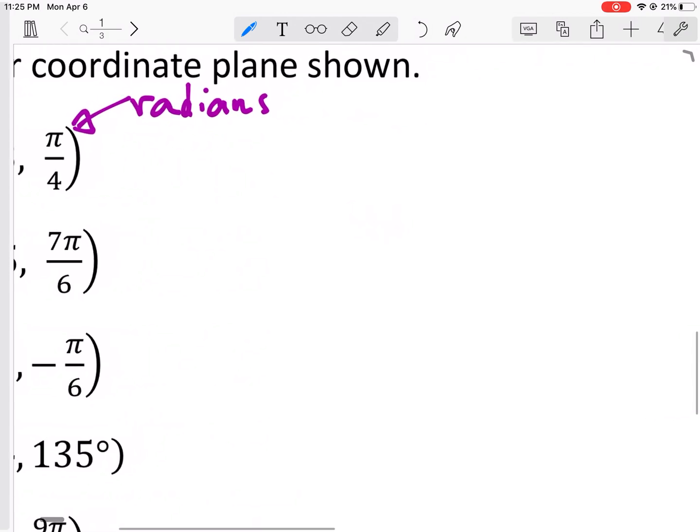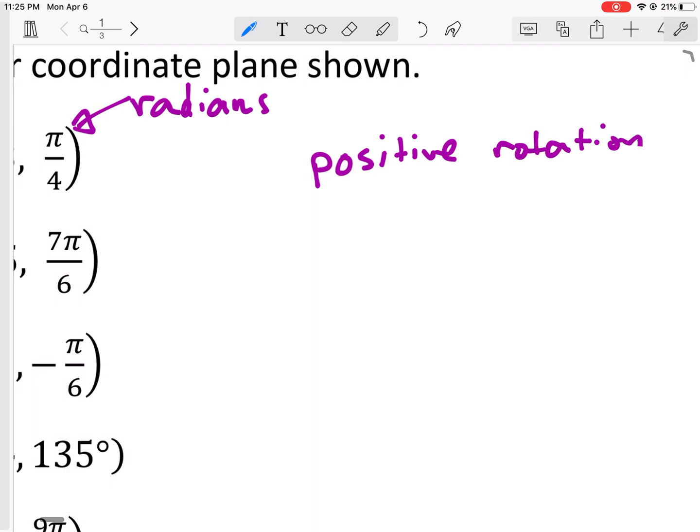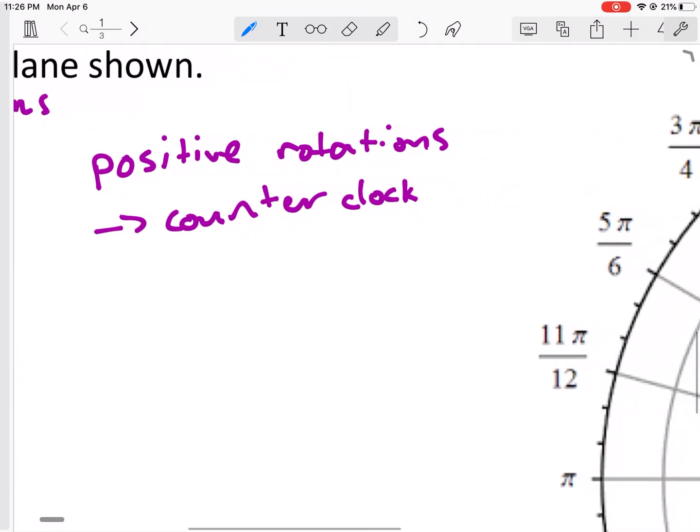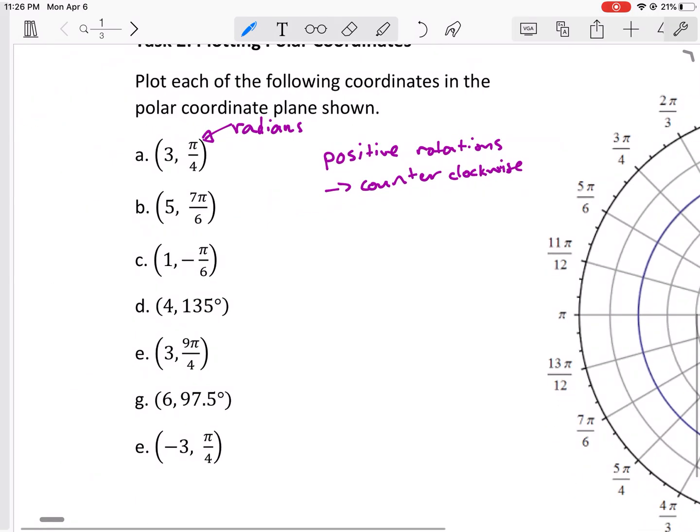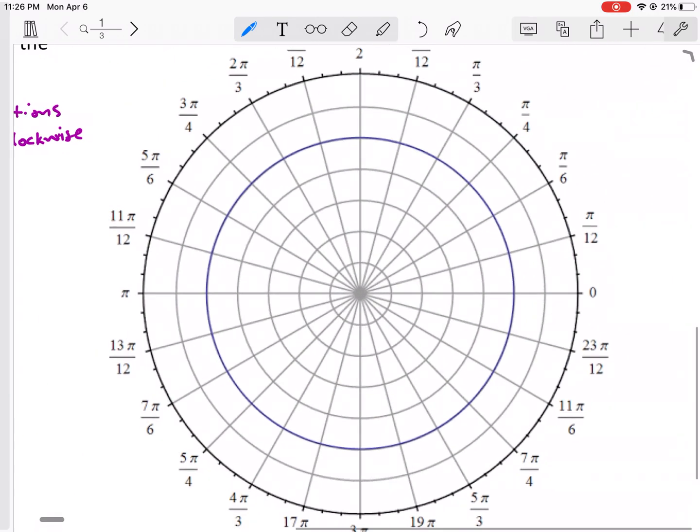And again, positive rotations, that's counterclockwise. So for us, we should look for 3 out.